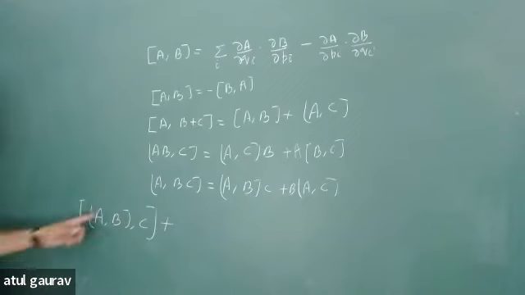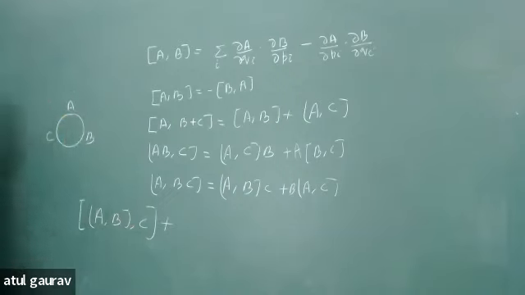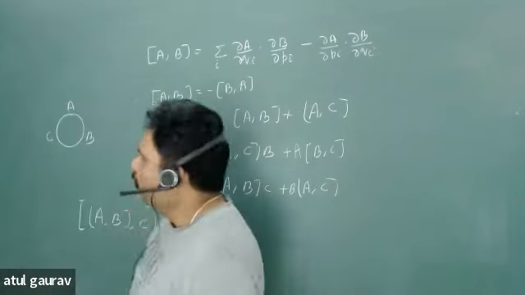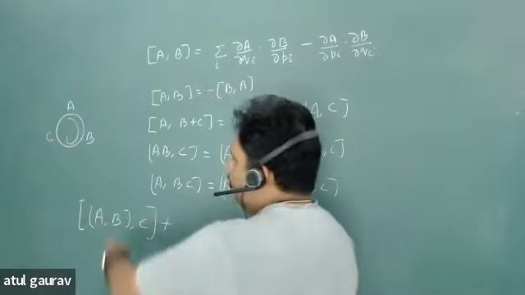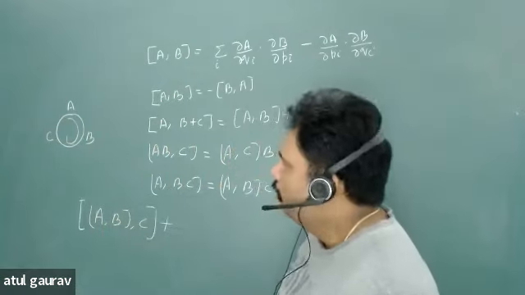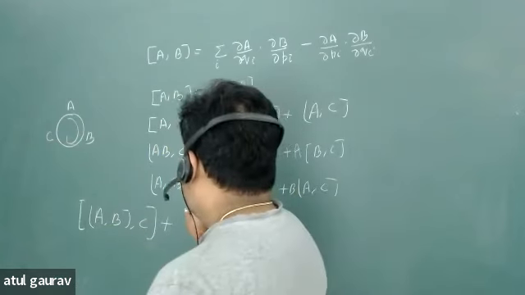Now you will remember how we go to the next level. ABC, you can remember the cyclic property of this. Suppose we are moving in a clockwise direction. First term is ABC. Now what should be the second term? BCA.